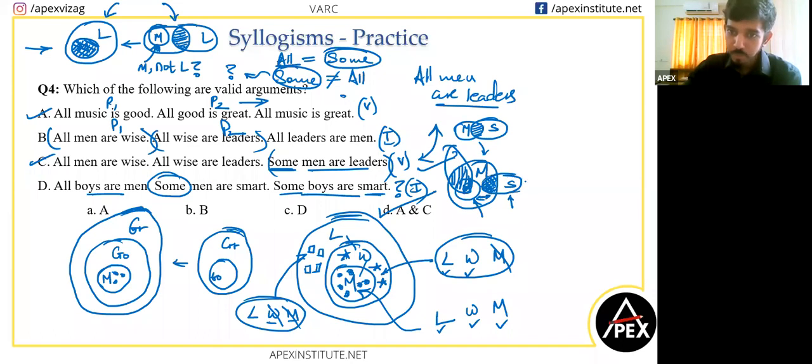We put men and smart as overlapping circles. Some men are smart. We don't know about others. There can be some smart who are not men, and there can be some men who are not smart, which is here. So while we don't know, it will not be a subset. It will be overlapping. So that's the difference between C and D.